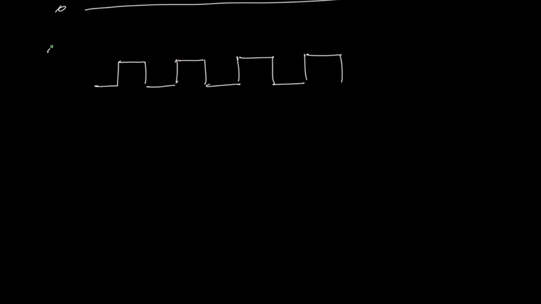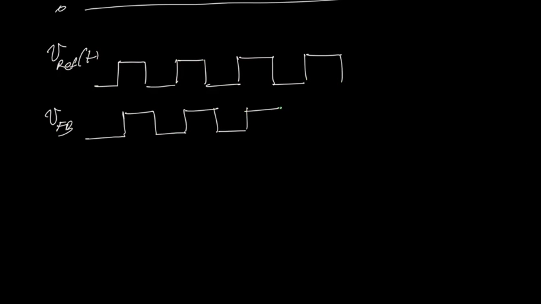So this is my reference voltage, or reference signal. Now this is the what? The feedback. What happened in the feedback is that now its frequency has what? Gone up, something like this. And what is now E?